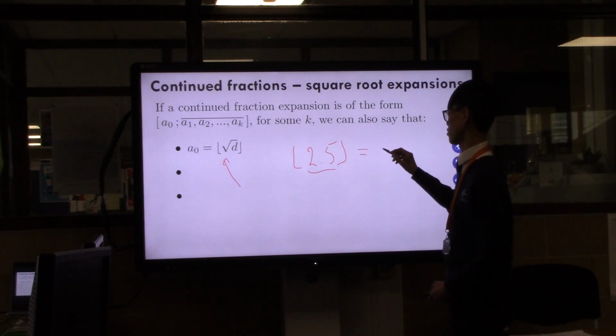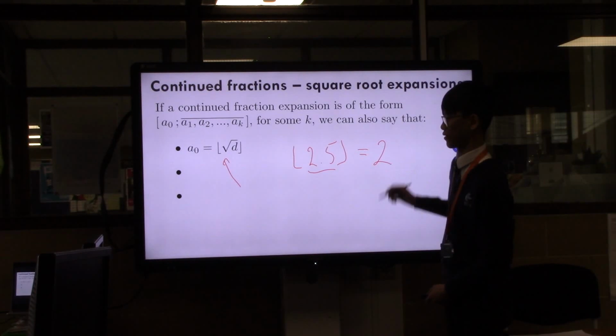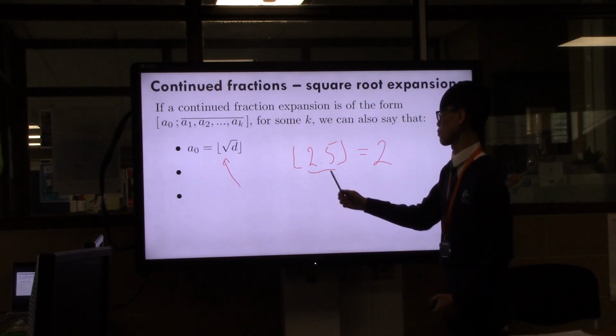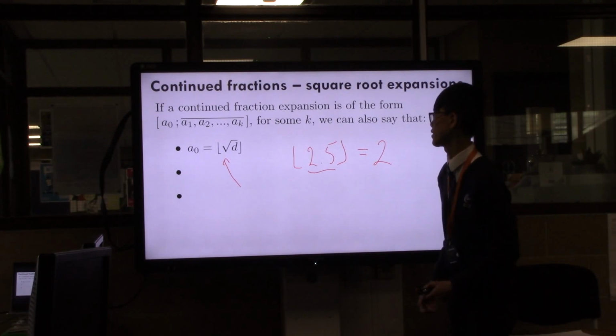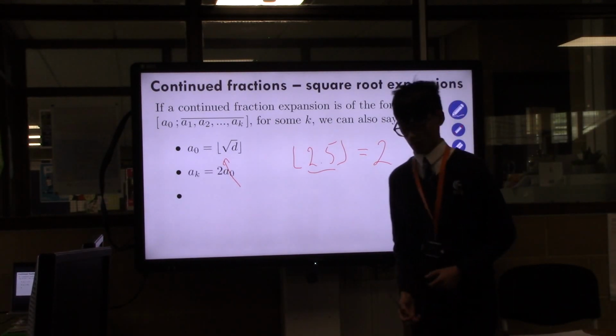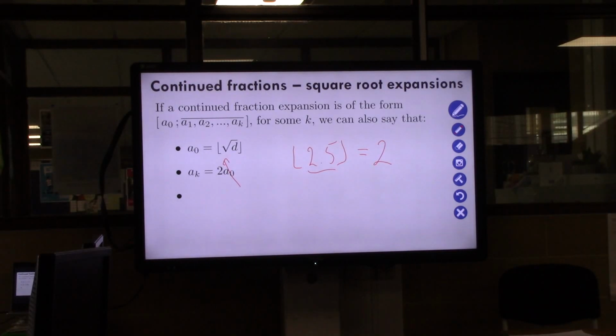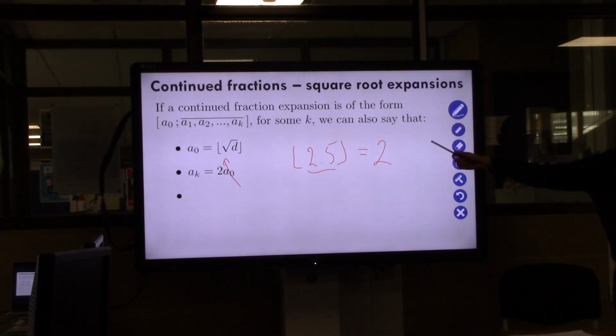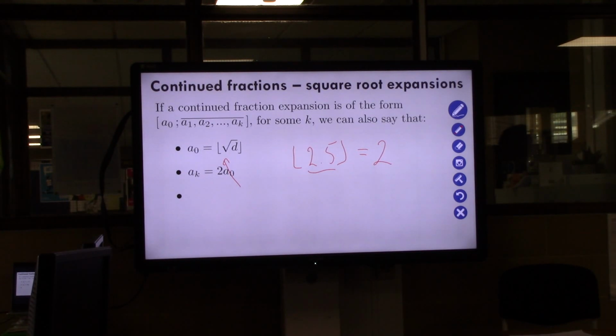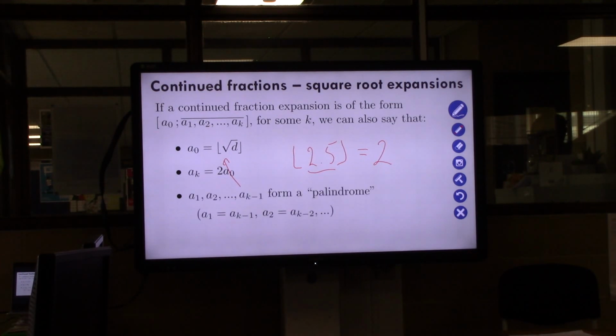So the floor of 2.5 would be equal to 2, because 2 is the largest integer that is smaller or equal to 2.5. We can say that AK, so that last repeating partial denominator, is equal to twice the integer part of the continued fraction expansion, and that the repeating partial denominators up to AK minus 1 form a palindrome. So that is A1 is equal to AK minus 1, and A2 is equal to AK minus 2, and so on.